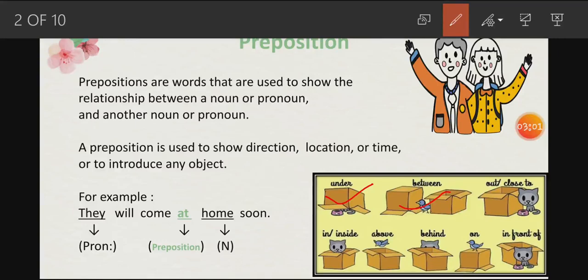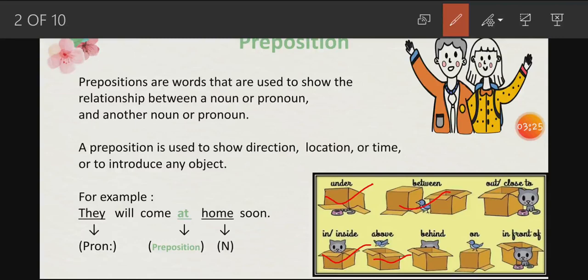Out or close to. The cat is out of the box or close to the box. Both of them are correct in essence. The cat is inside or in the box. Why? Because the cat is inside of the box, that's why. Those are all prepositions of place.